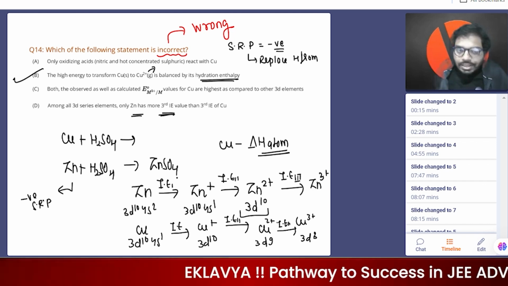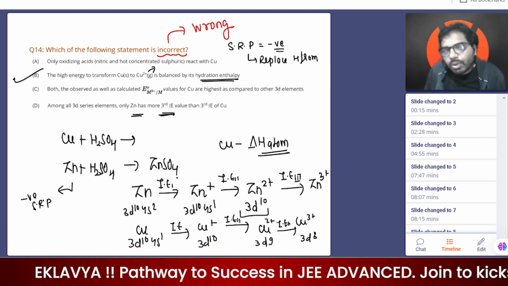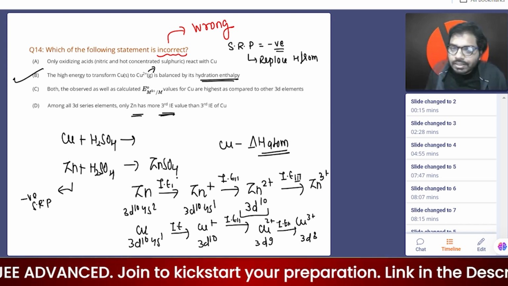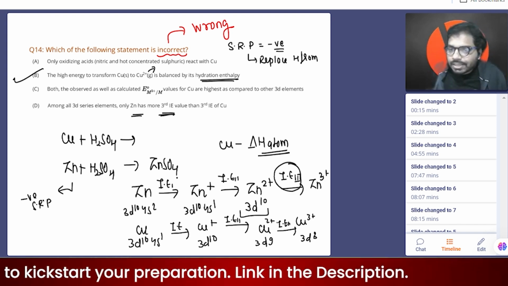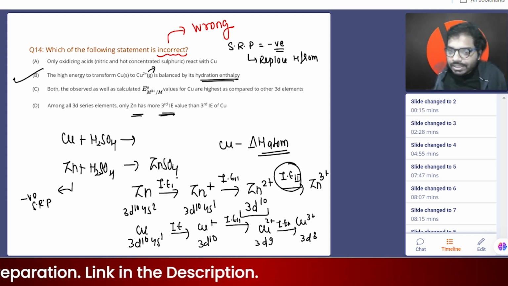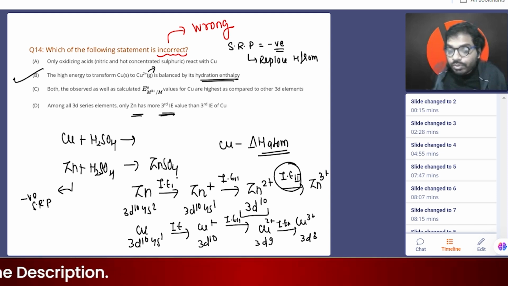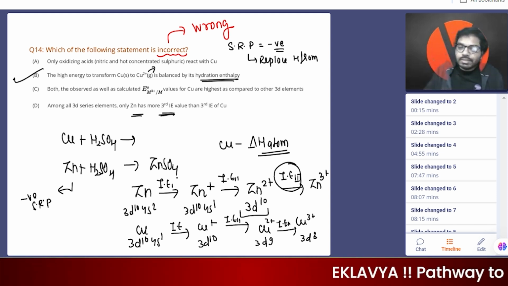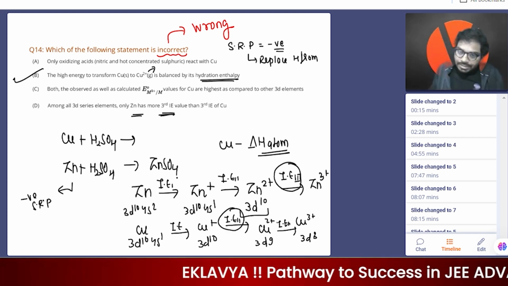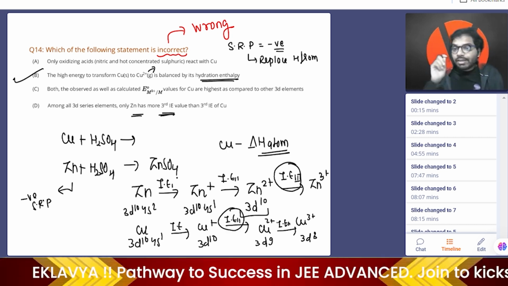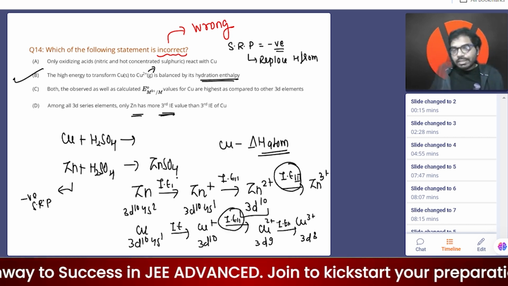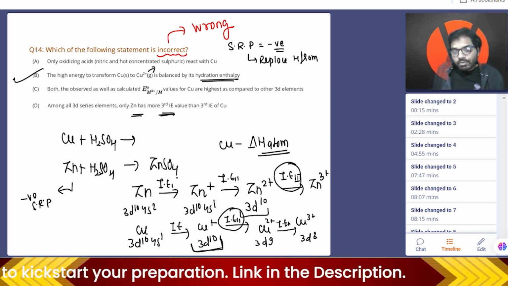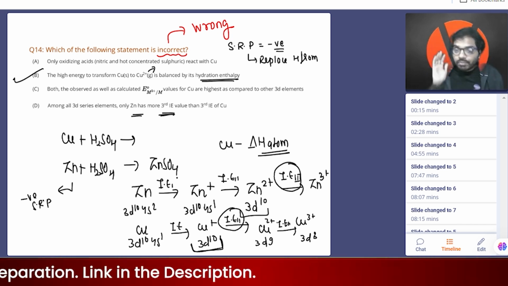So in the last statement, it is given that among all the 3d series, only zinc has a higher third ionization enthalpy than copper. So it is correct, because for the third ionization enthalpy, we have to remove the electron from the stable fulfilled configuration of zinc. While in copper, the second ionization enthalpy has the higher value, because just after giving one electron, it has achieved the stable fulfilled configuration.